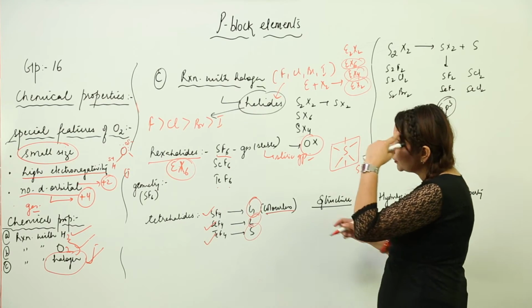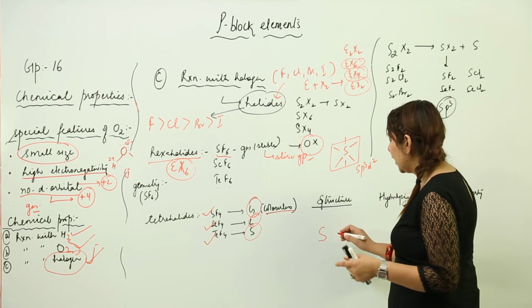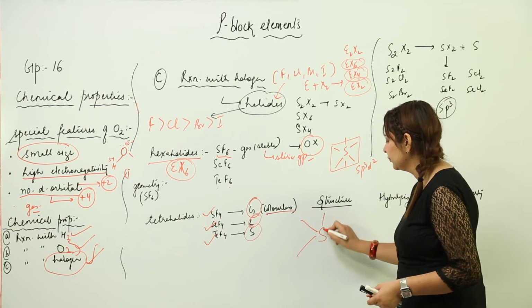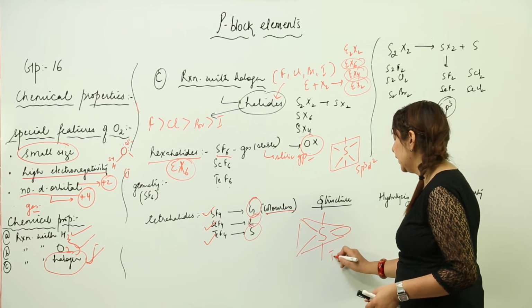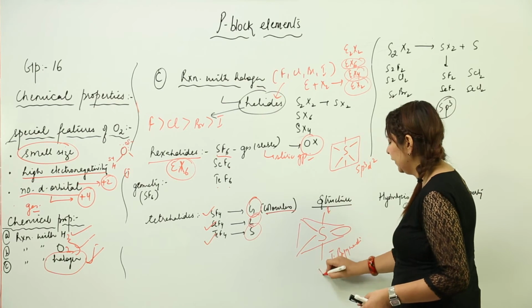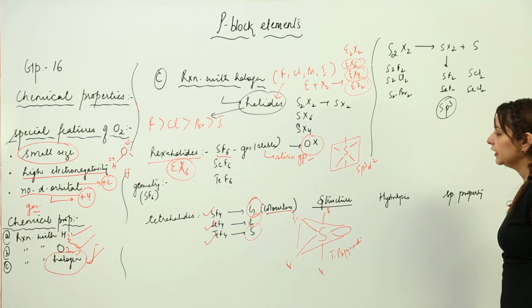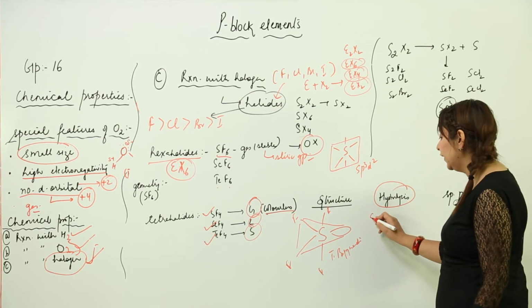If you see the structure for SF4 or any of them, it is trigonal bipyramidal, one lone pair, like this, trigonal bipyramidal, F. So we will write F like this. And if we talk about SF4 particularly, it can hydrolyze very fast.